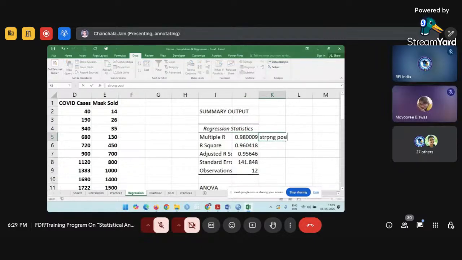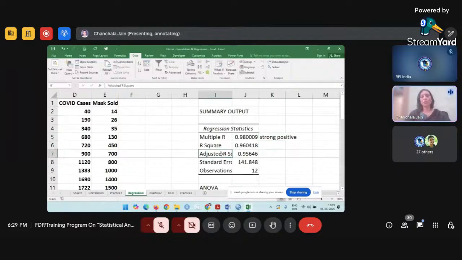R square and adjusted R square. There are two terms, R square and adjusted R square. Once you're talking about simple linear regression, you will use R square. In case of multiple linear regression, you will use adjusted R square. Here our case is simple linear regression because we have only two numeric variables.